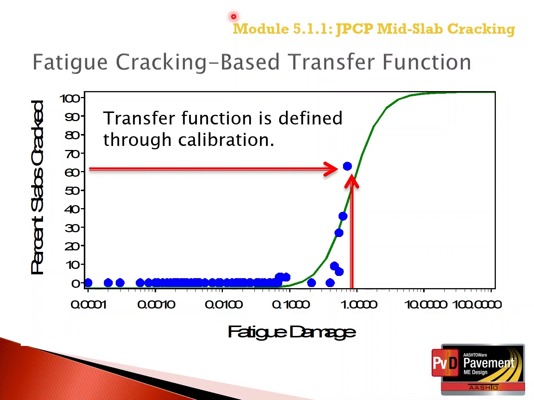So for each measurement of percent cracked slabs, the calculated mid-slab cracking fatigue damage is related to the percent slabs cracked observed for a specific test section and specific point in time.